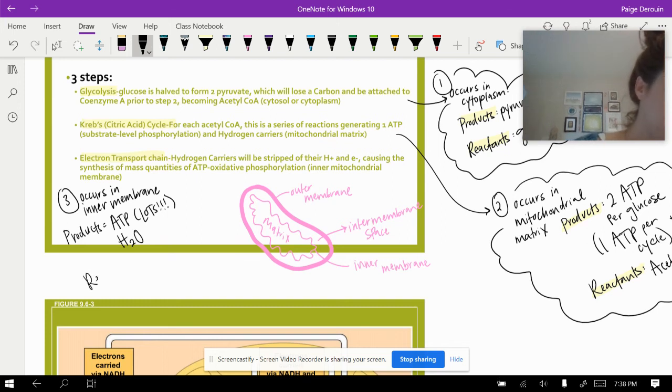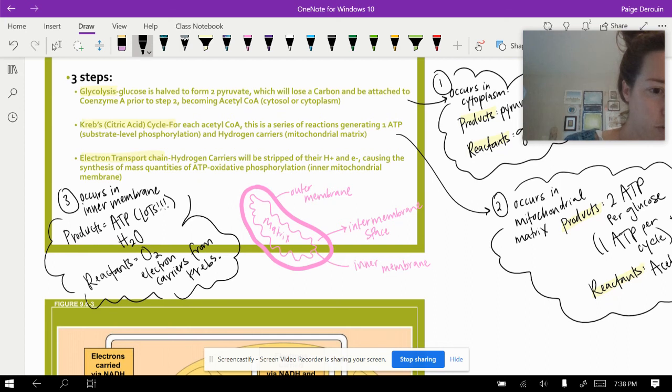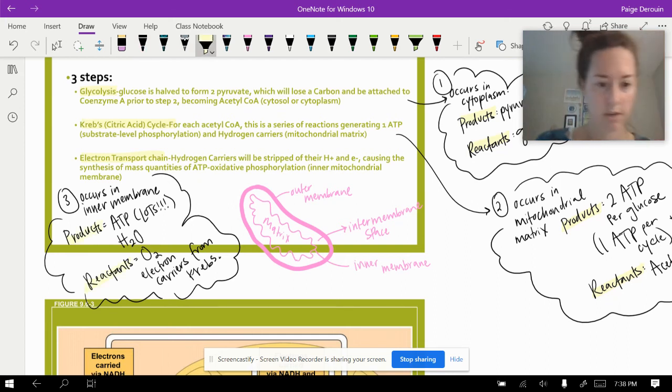The reactants are oxygen. And it also uses the electron carriers, so I'll just say electron carriers from Krebs to allow the gradient to be formed. And we'll go into much more detail about this.